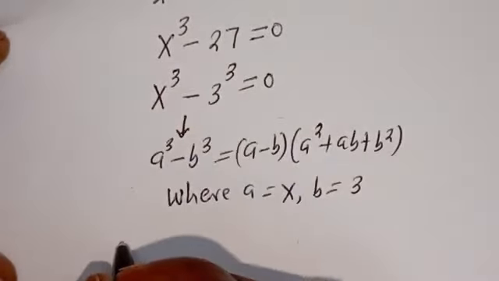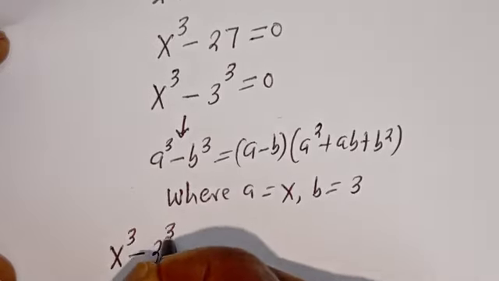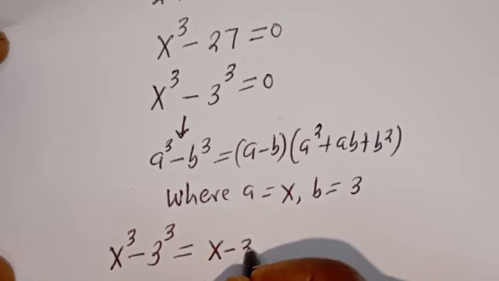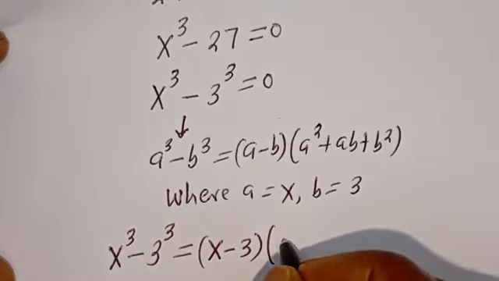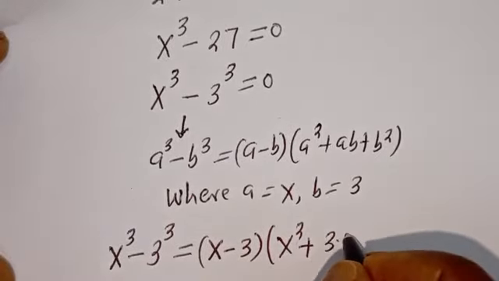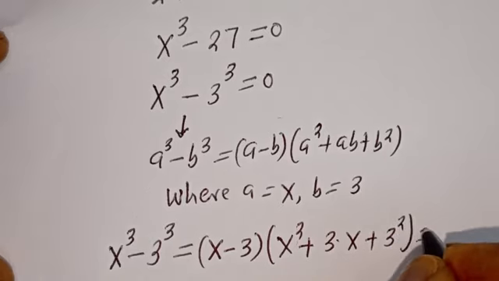From here we have s to the power of 3 minus 3 to the power of 3 is equal to s minus 3 bracket s square plus 3 multiplied by s plus 3 square equal to 0.